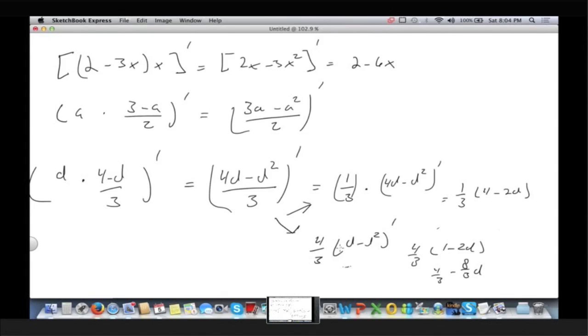I can distribute 4/3, and I should get the same answer. So check that and see if you get the same thing. Yep, keep going. Keep writing down what you get to make sure it's the same thing.